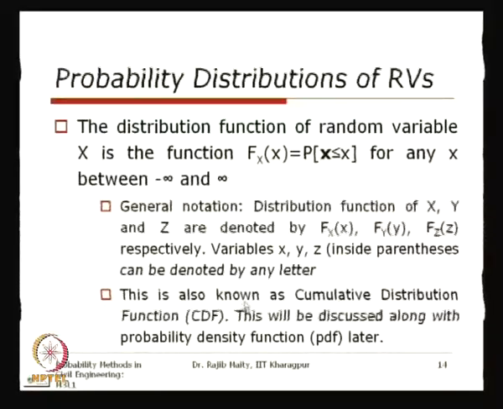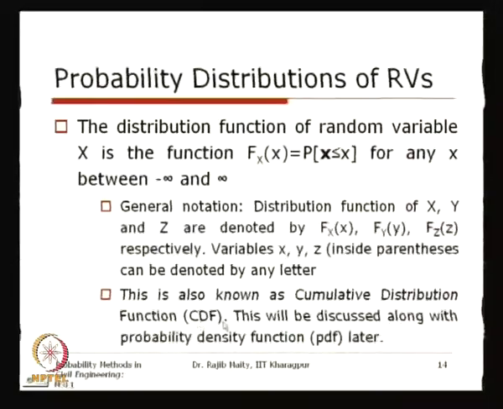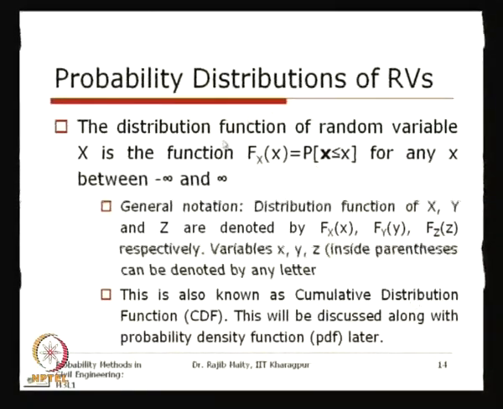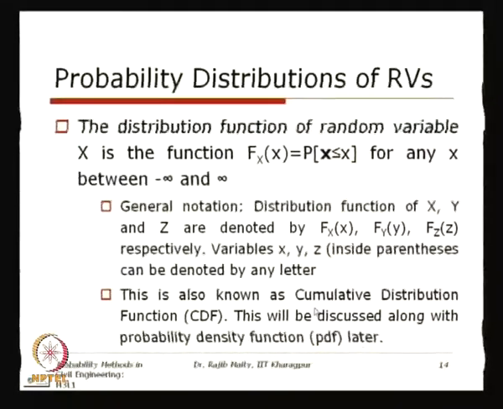This is also known as the cumulative distribution function, which most probably in the next class we will discuss. This will be discussed along with the probability density function, PDF, later.